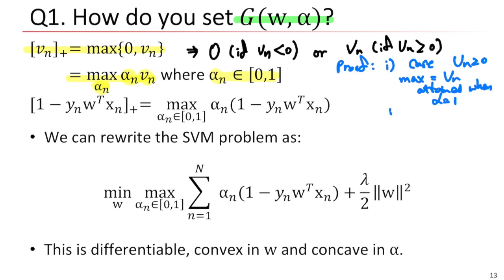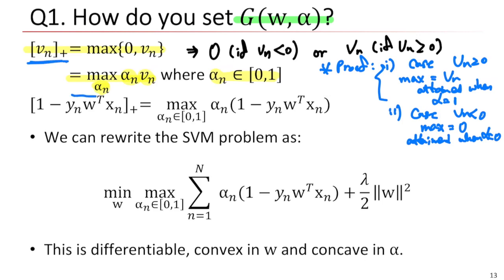Another case is Vn is less than 0, then the maximum is 0, attained when alpha is 0. So by using this proof, we can say that this notation can be represented something like this, with the alpha n like that, right?